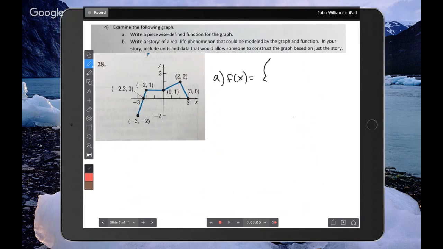And the first part is, let's see, I see the graph going up 1, 2, 3 spaces and over 1. So up 3 over 1 means slope equals 3.